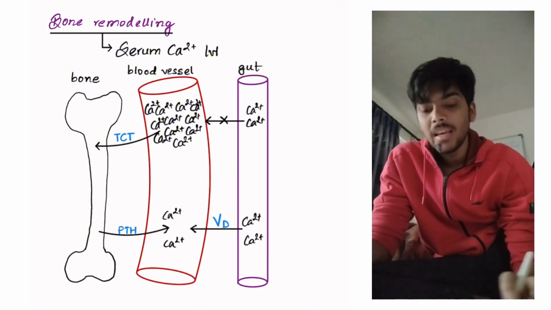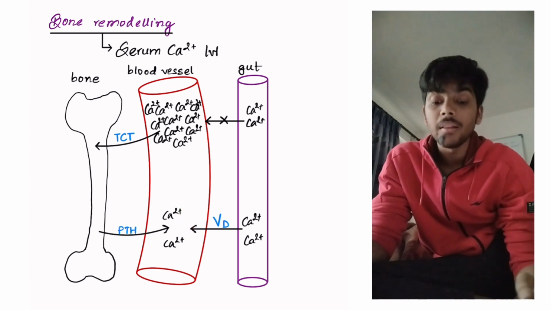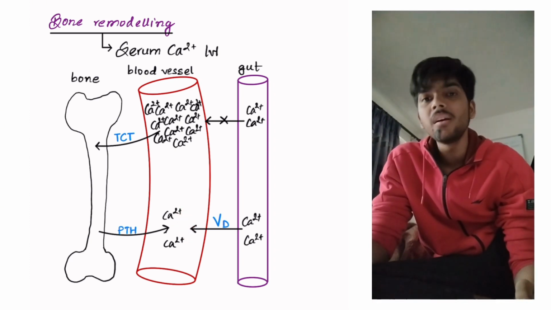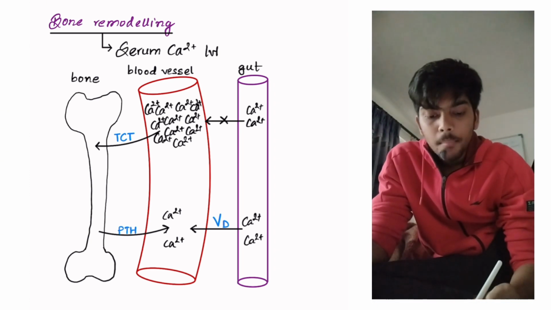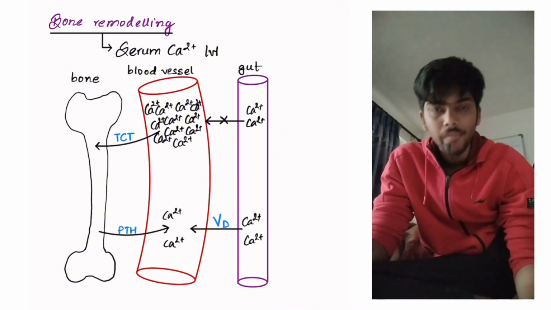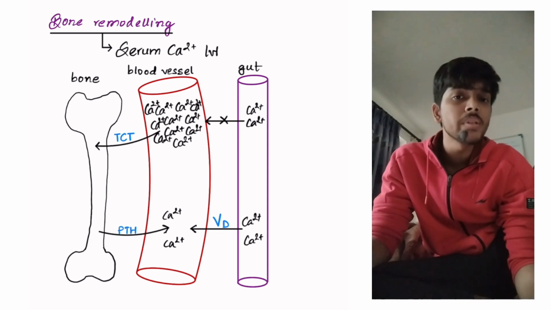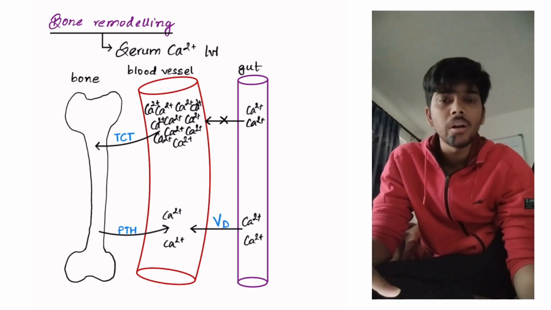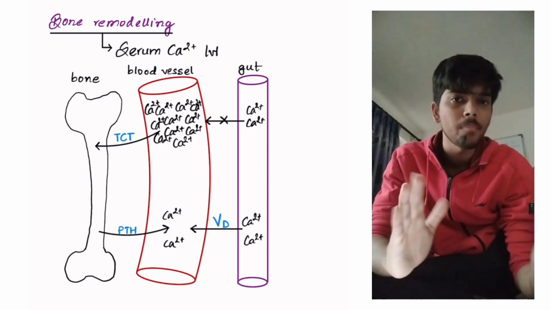But let's say the calcium level is lower than normal level. In that condition, it triggers your parathyroid gland to produce parathormone. Parathormone promotes osteoclastic activity, that is resorption of bone. And due to resorption of bone, bone gets broken down into calcium ions and phosphate ions, the hydroxyapatite part of the bone.